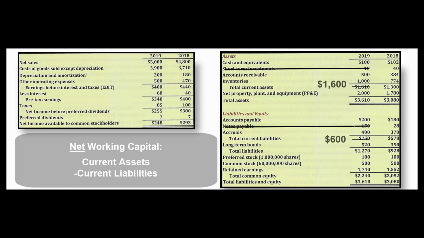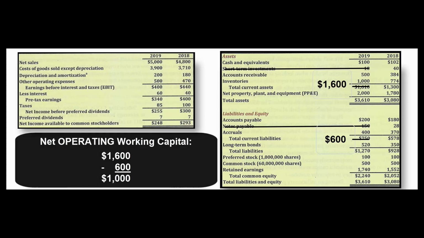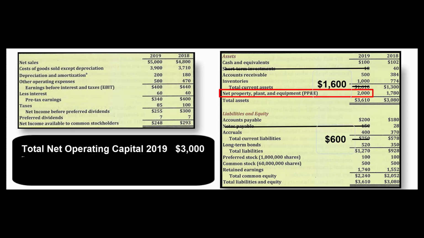So we'll subtract 600 from 1,600 and that'll give us $1,000 of net operating working capital. At the end of 2019, we have $1,000 invested in net operating working capital. Add to that our $2,000 investment in net property, plant, and equipment, and that gives us $3,000 invested in total net operating capital at the end of 2019.